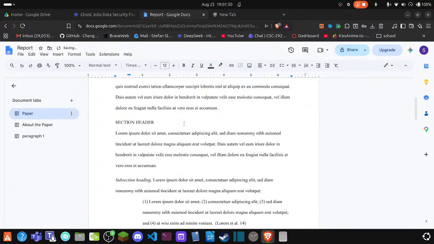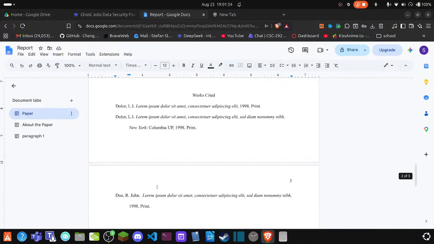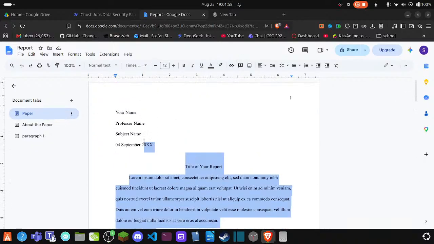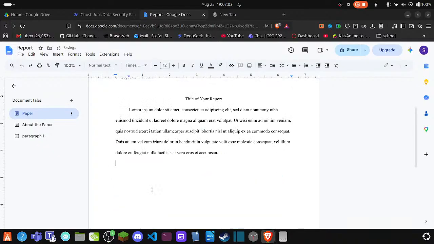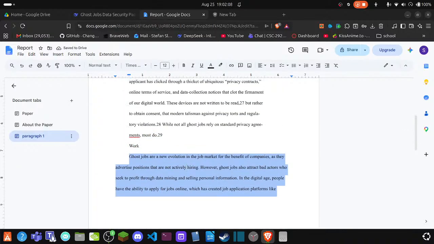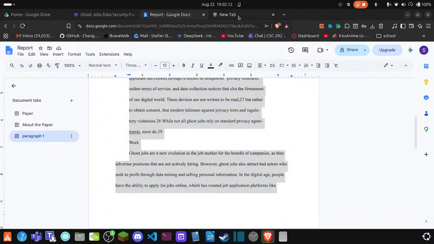I don't want that. I'm just gonna delete everything. Also, I'm pretty sure you're supposed to have a page break for works cited. Okay, also I want to, what's it called?